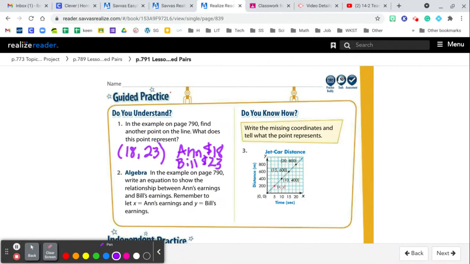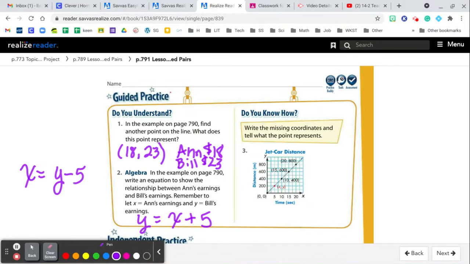In the example on page 790, write an equation to show the relationship between Ann and Bill's earnings. So whatever Bill has, which is the y-axis, is going to be whatever Ann has plus 5. You could say whatever Ann has equals whatever Bill has minus 5.